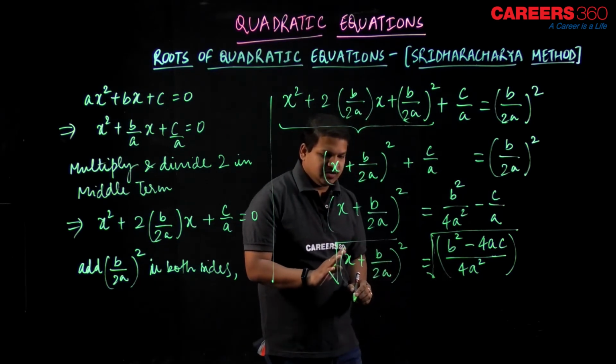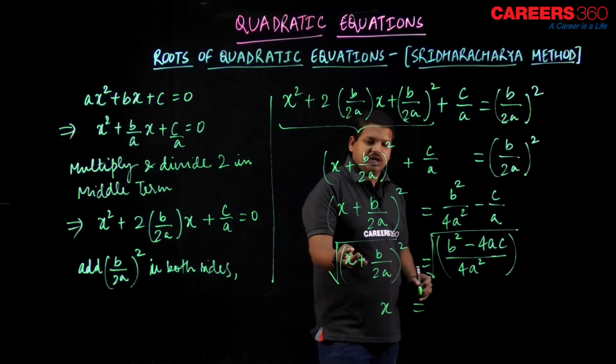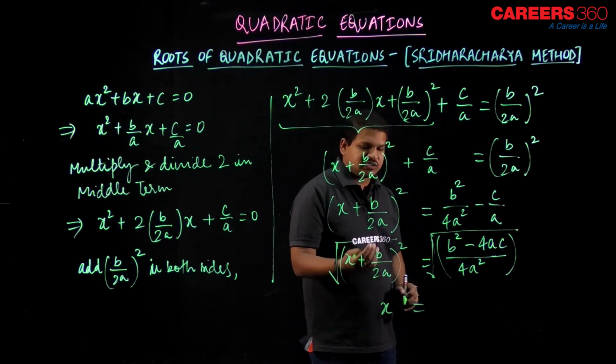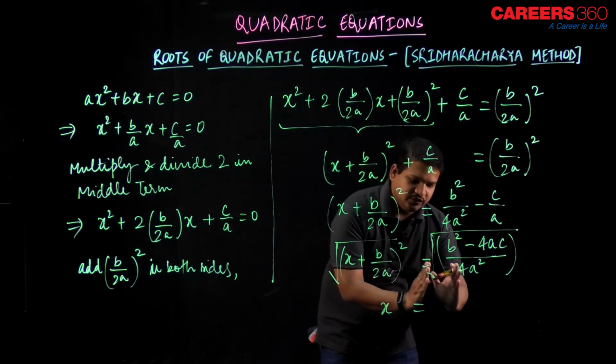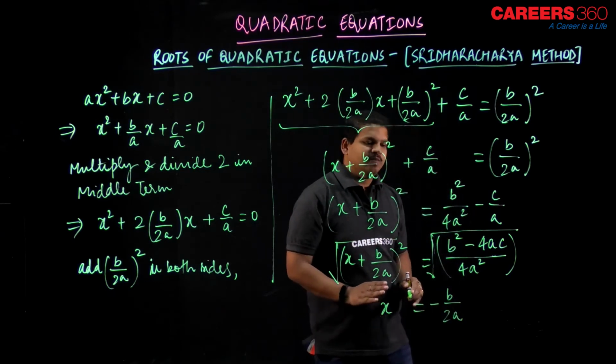So what I'll be remaining with is x plus b upon 2a, and b upon 2a will be shifted over here, so this will be minus b upon 2a.